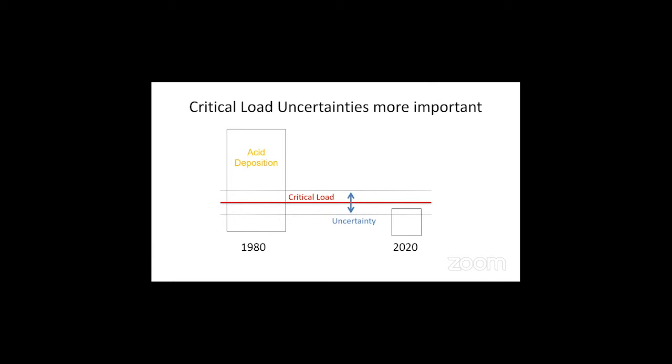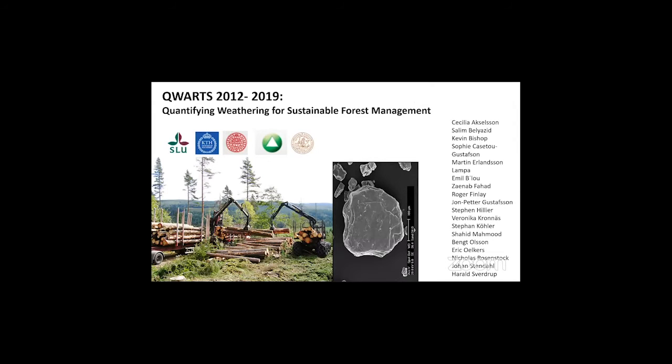Is that critical load that current models say is being exceeded by forestry really the right critical load or not? This is where the Quartz project, quantifying weathering for sustainable forest management, comes in. Sweden is using a modeling platform based around the Profile Forsafe set of models.